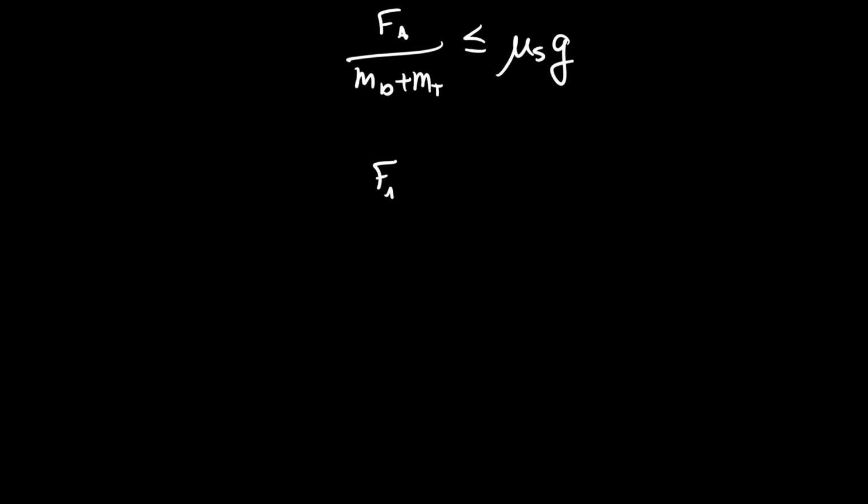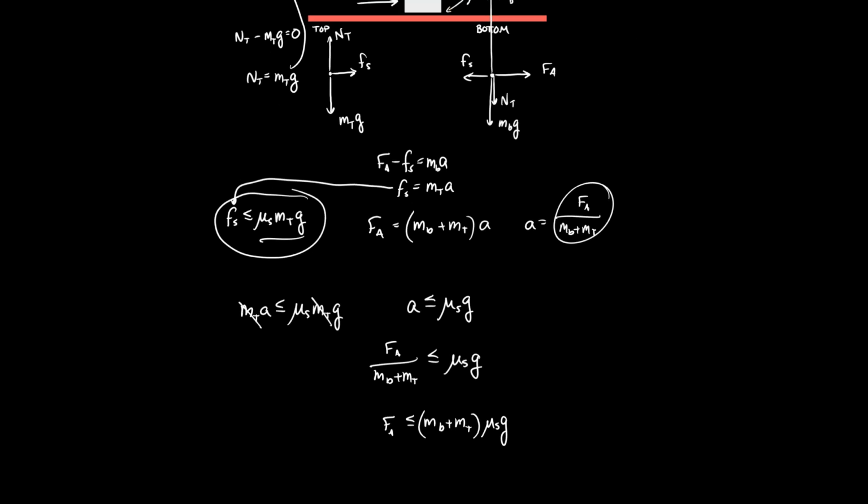It says that if I want to make sure the boxes do not slide with respect to each other, then I need to keep the applied force less than that. Not terrible? I don't know. I think this stuff is kind of tough.